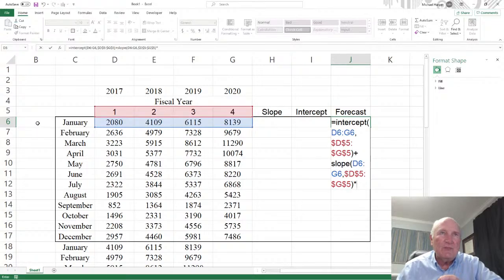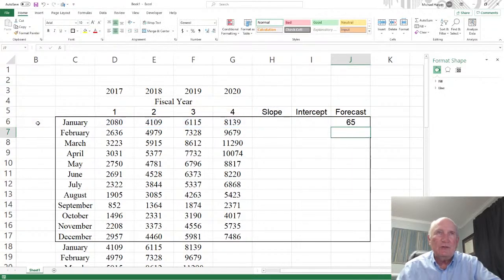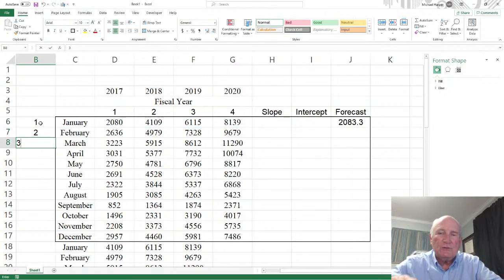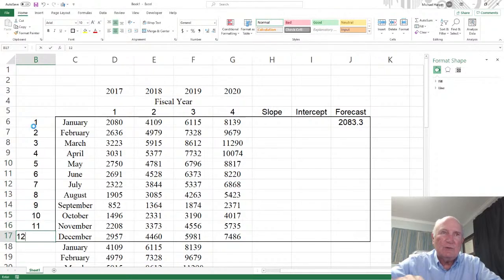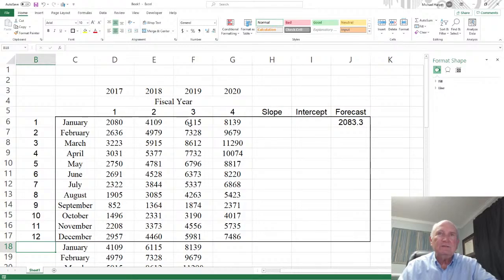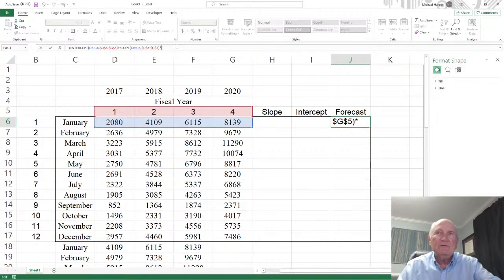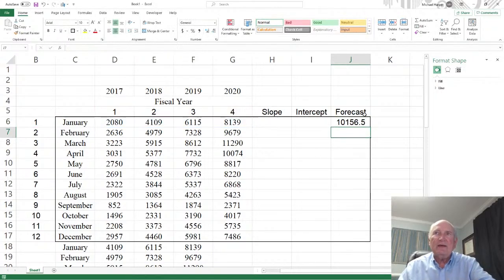Well, I'm going to put it there, then return. But this is going to be 1, 2, 3, 4, 5, 6, 7, 8, 9, 10, 11, 12. Oh, I made a mistake. This should be 5. This is for 5. Sorry about that. And there's our forecast.